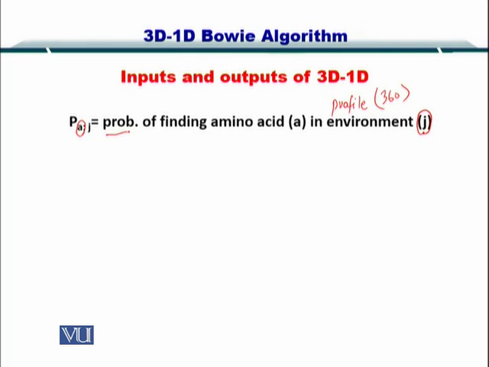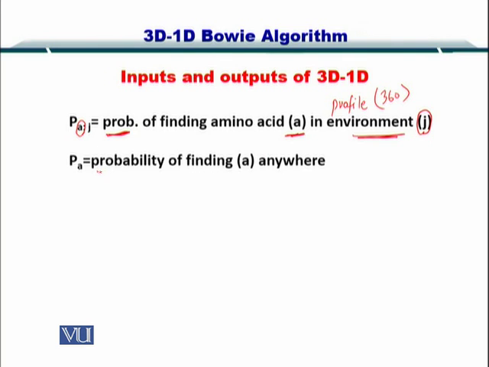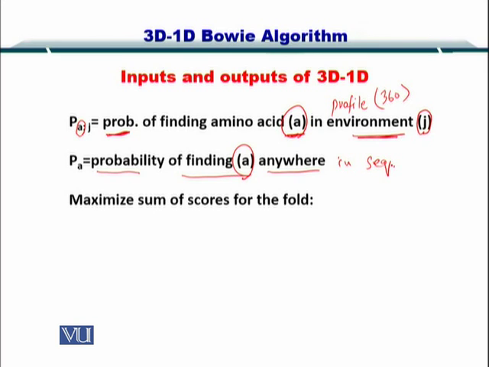So you have to calculate the probability of finding amino acid A in a profile J. So once you have computed that, then you find out the probability of finding the same amino acid A anywhere in the sequence. Now, using this very simple formula for computing the score, you take a log of the ratio of probability of A given J, that is this one, divided by probability of A, which is given here.